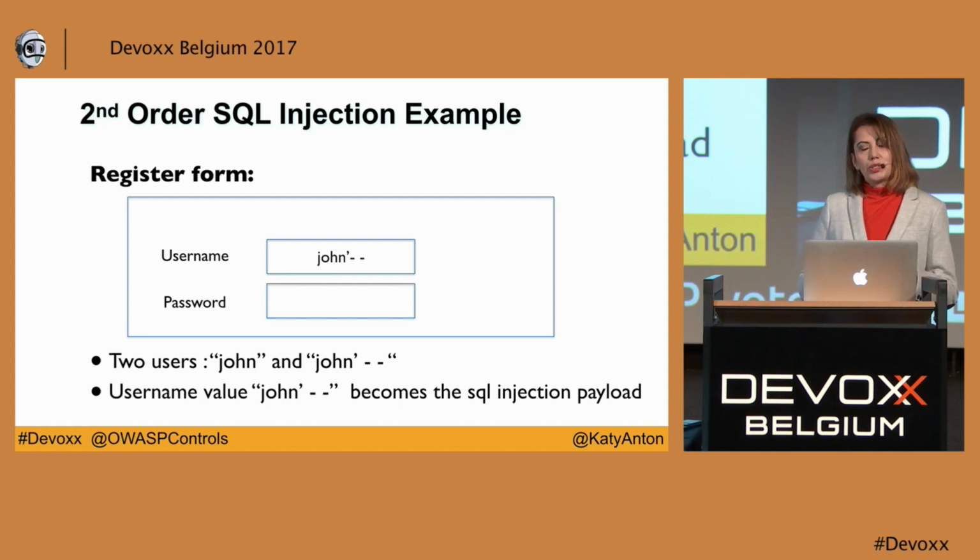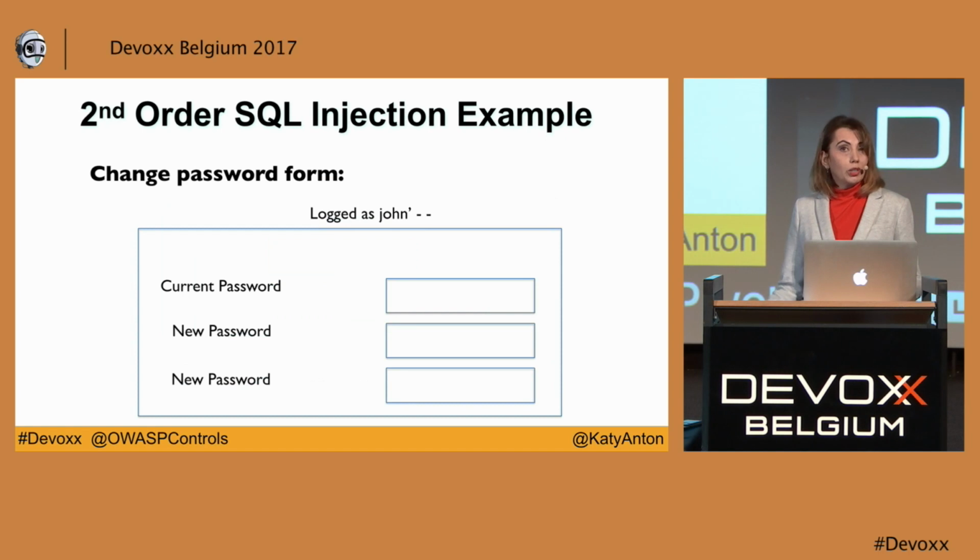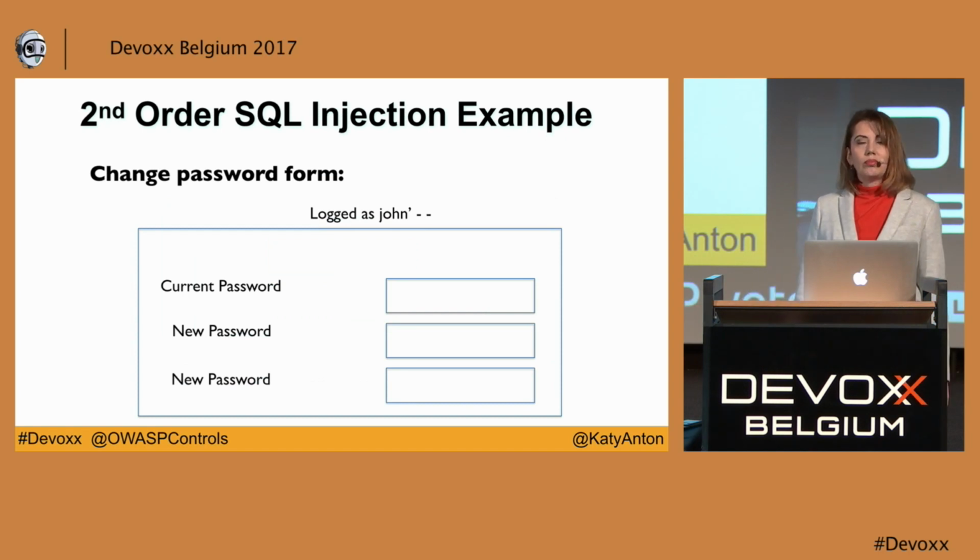This value will be stored in the database and is going to become the injection payload when used in other parts of the software. So let's suppose now that we go to other parts of the software, like for example, to change the password.